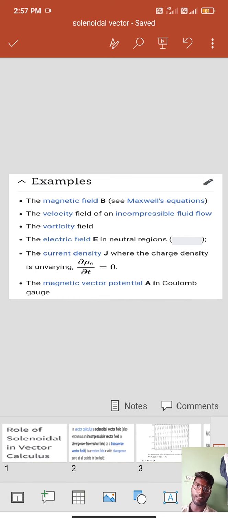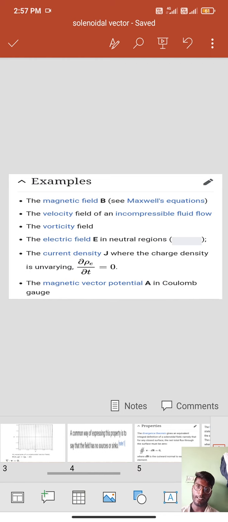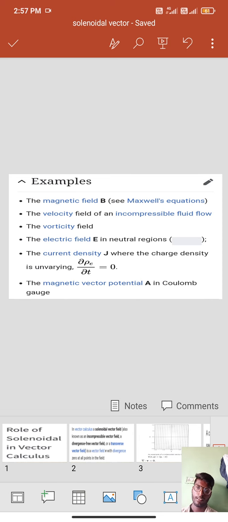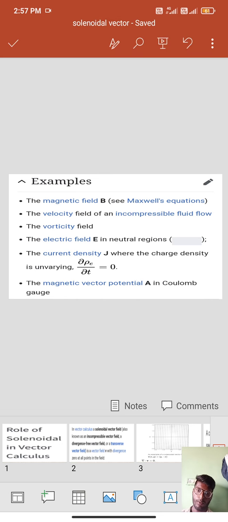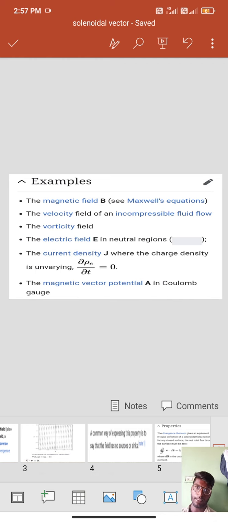The main thing in a solenoidal vector field is that the divergence at any point in the field is 0. To be a solenoidal vector, it should follow this condition: divergence is 0. We can apply this in different situations, and we can use solenoidal fields in vector calculus in different places, also in real life.